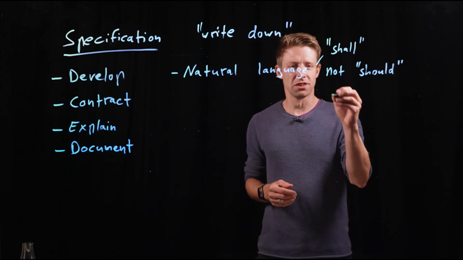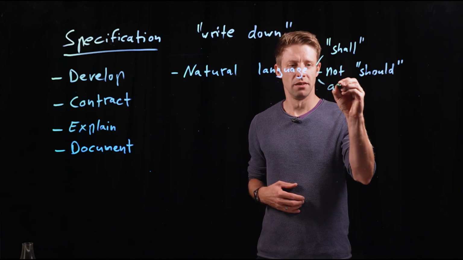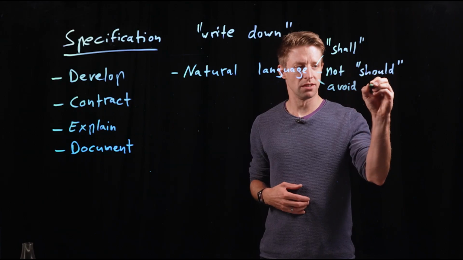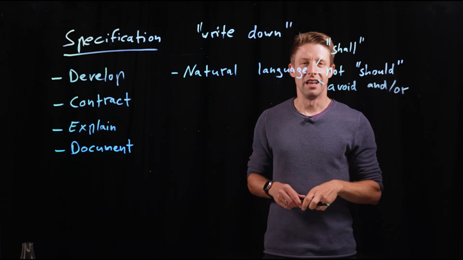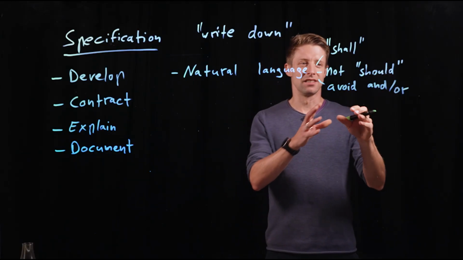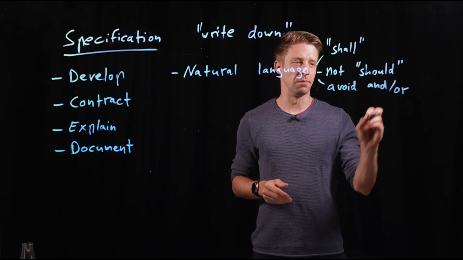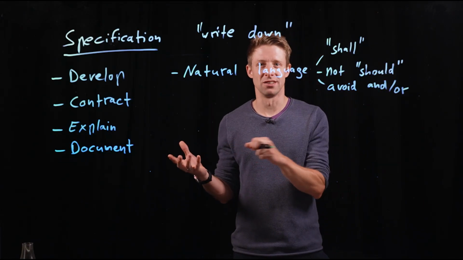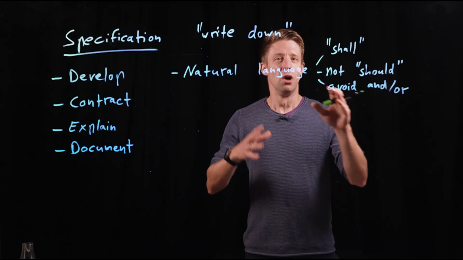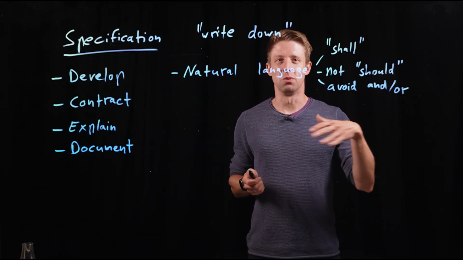There are some other rules that we typically follow in this context. For example, we avoid conjunctions, we avoid and, or. And the reason for that is that this means we put multiple requirements together. For example, if I say the system shall allow to use voice commands to enable the radio or navigation, the first question is, when is this fulfilled?